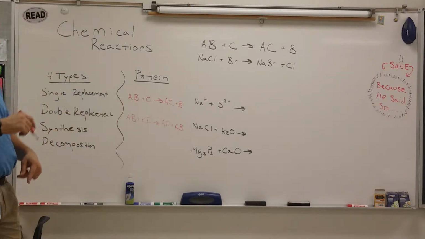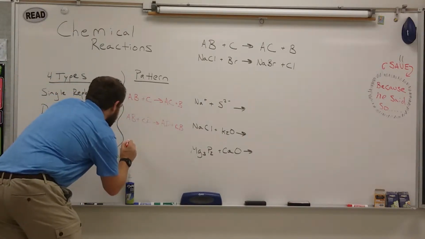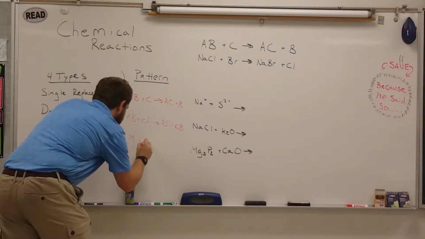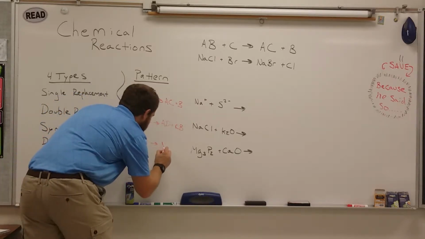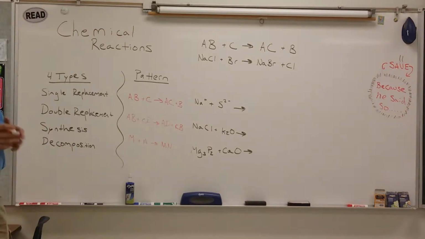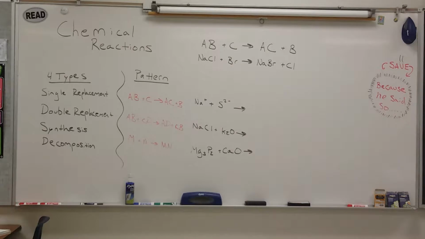They switch places. Synthesis is where you take two smaller things, so let's say we've got M and N, and you react them together and they form a new chemical MN. They combine together. They're synthesized. It means coming together, making something new.